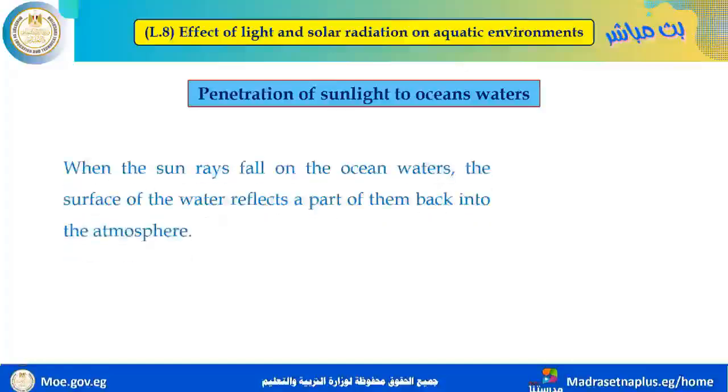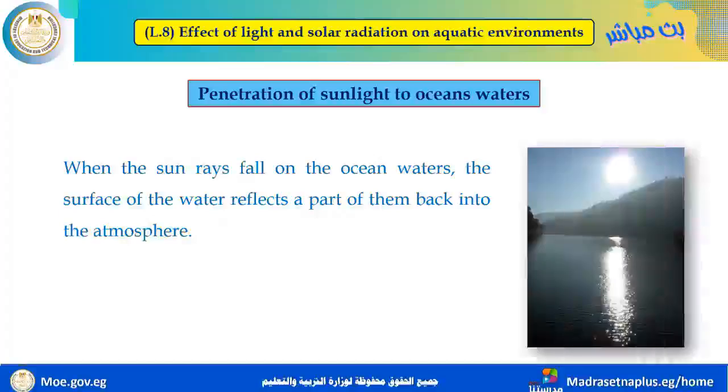When the sun rays fall on the ocean waters, the surface of the water reflects a part of them back into the atmosphere. As you see in this picture, the sun rays fall on the surface of the water, whether oceans or seas, and part of it will reflect back, and another part will penetrate through the water.